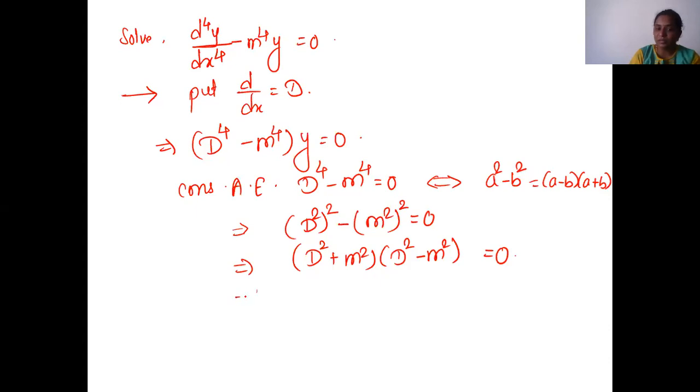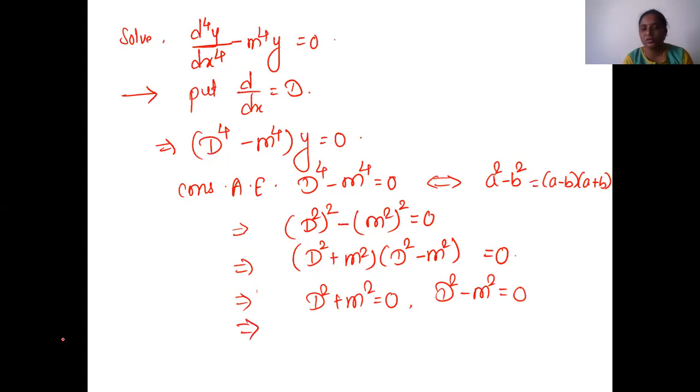And most of the time, if there are imaginary roots, synthetic division doesn't work. So do not go directly for synthetic division. So both of them here are equal to 0. D square plus m square is 0. And d square minus m square is 0. The calculator is not useful as it is not a particular number, right?